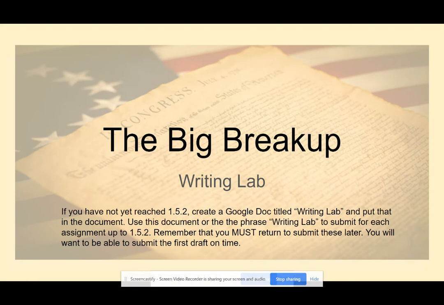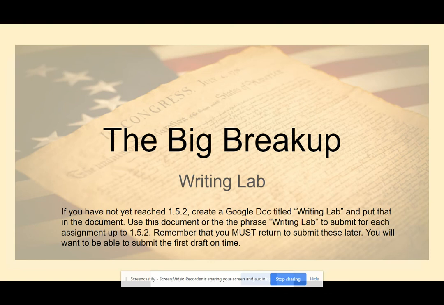For those of you who have not reached 1.5.2 yet, what you want to do is create a Google Doc that says Writing Lab on it. Then you can upload that for every assignment to get to 1.5.2. If it's a discussion board, you're just going to type the phrase Writing Lab. Submit that for each one.